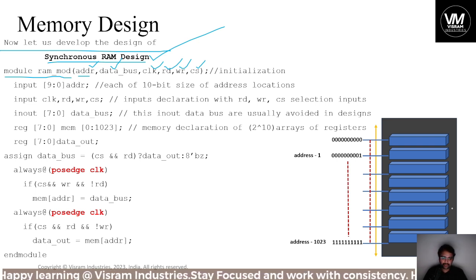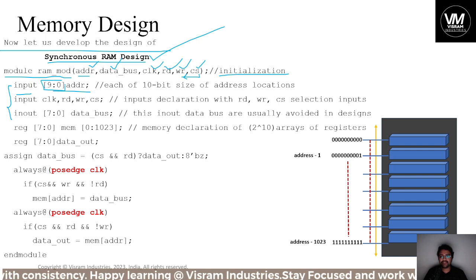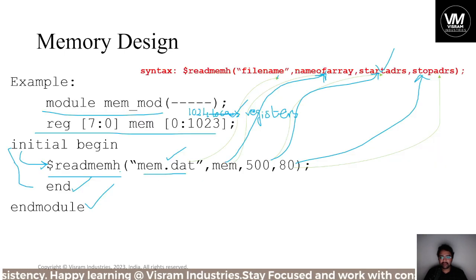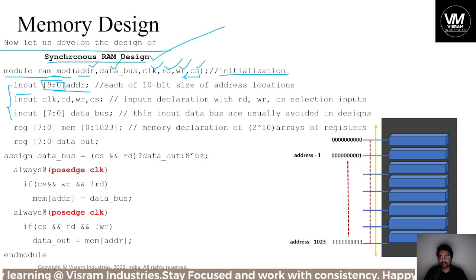These are selection inputs, which select the data registers or input arrays of the memory. After the declaration, the second step is input. The address is 10 bits because we have 1024 registers. You start with 0 and end with 1023. That is what this address location is called.